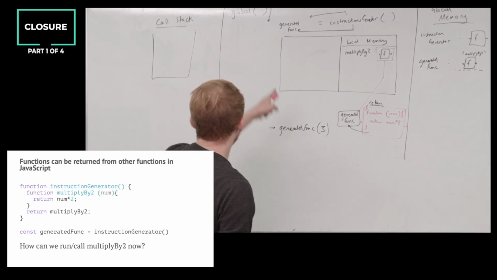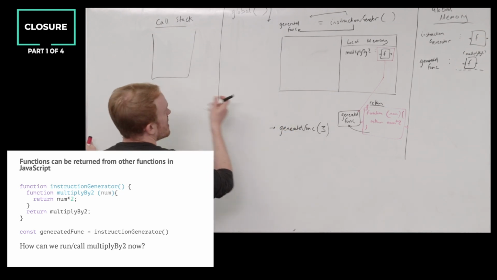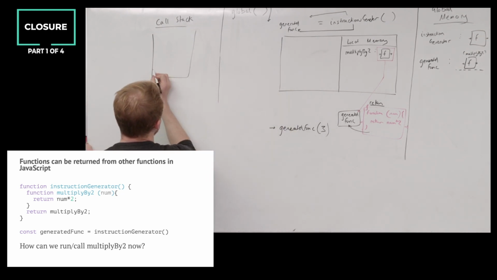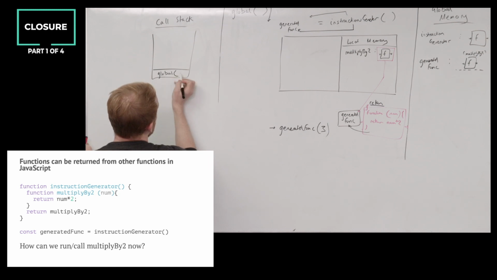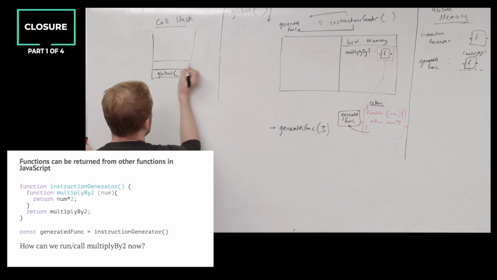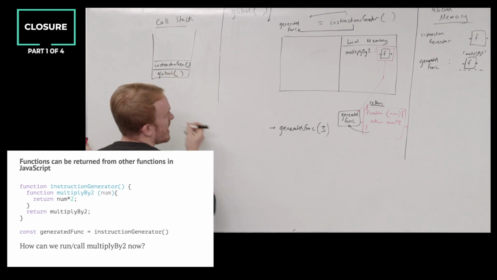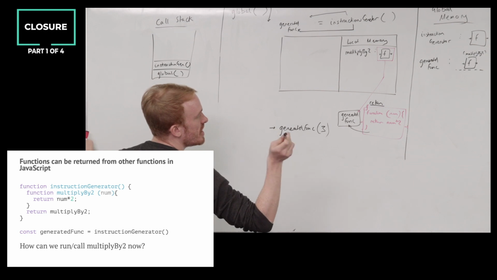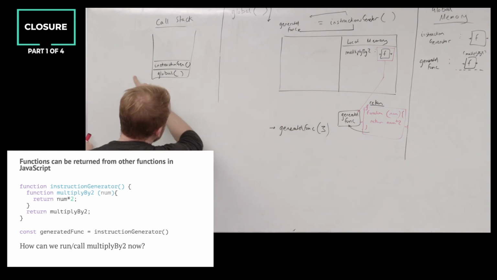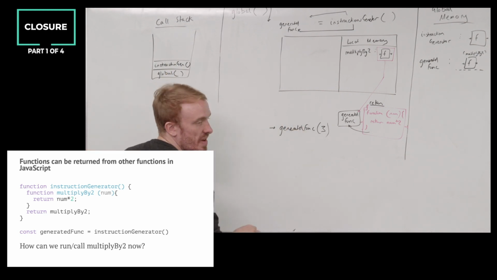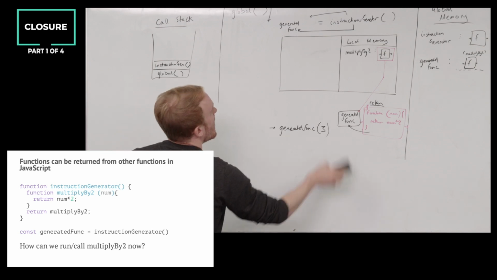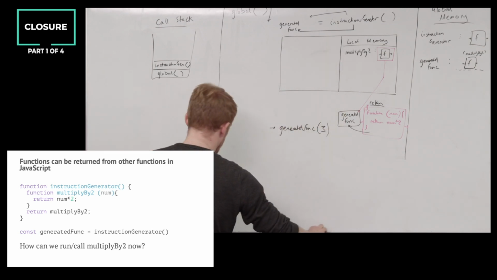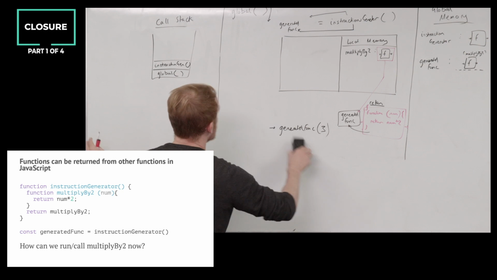All right, let's keep track of our execution contexts, that means the calls to functions. We started off in global, and then we started running instructionGenerator, so we added the call to instructionGenerator on top of our call stack. What told us we were ready to pop the call to instructionGenerator off our call stack? The return. So we exited instructionGenerator and returned out to global.